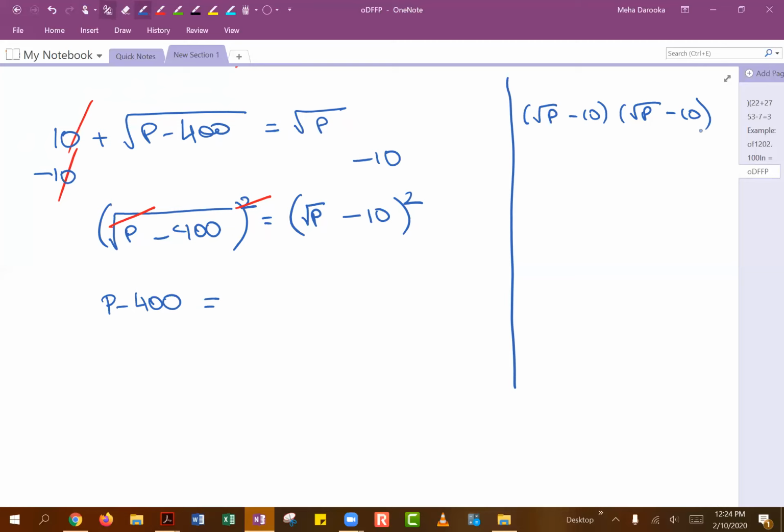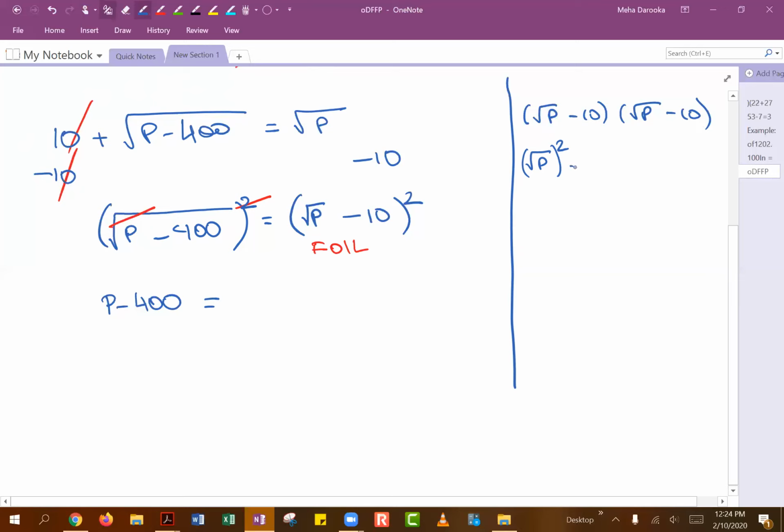And then on the right-hand side, you're going to need to remember to FOIL this. So that's what I'm doing here on the side. So FOIL means we start with the first, which is square root of P times square root of P. So that's actually going to become square root of P squared. Then you are going to do square root of P times negative 10.